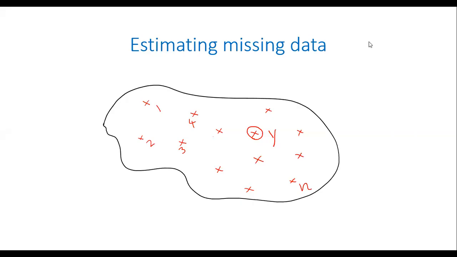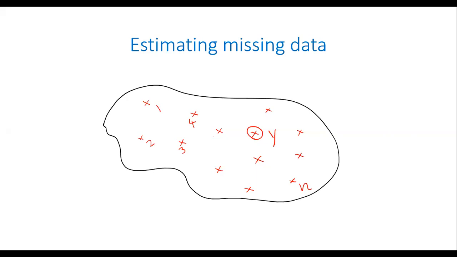All right. So we stopped the last class where we had discussed how to estimate missing data, right? Suppose I have a catchment that I'm interested in, and I happen to have multiple rain gauges installed in that catchment.